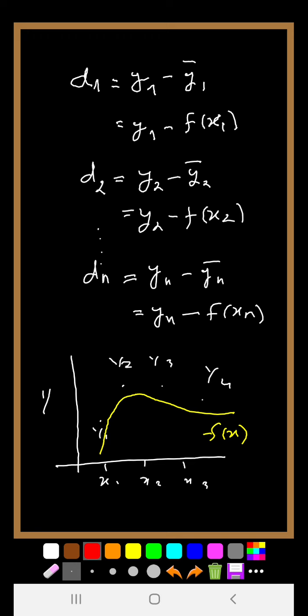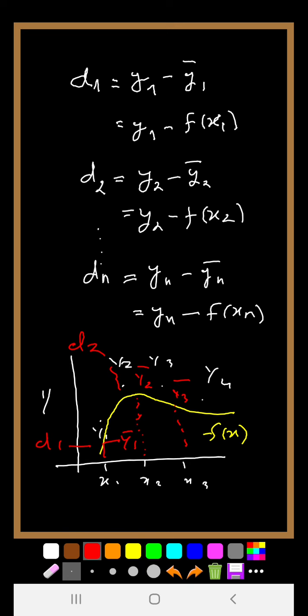Corresponding to x1, we will have the value y1 bar. Corresponding to x2, we will have y2 bar, and x3 will have y3 bar. But there is a slight difference between them. The difference between y2 and y2 bar is d2, this is d1, and so on and so forth.